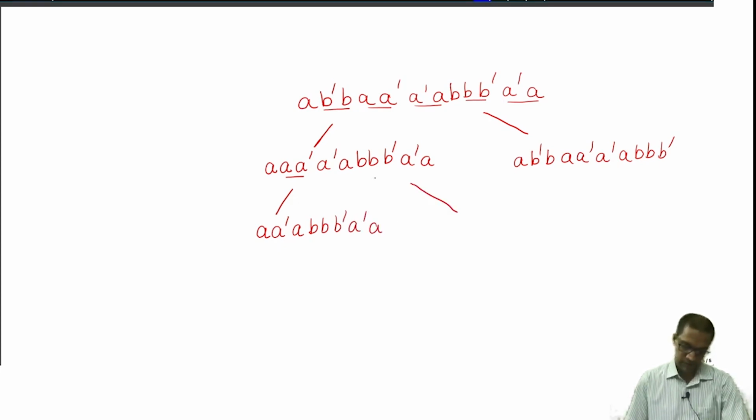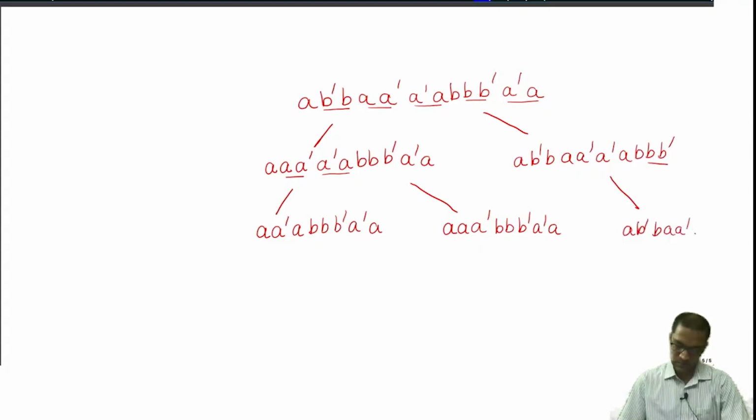I could have collapsed maybe the next pair, A prime A, so that will give me A prime, B, and so on. Maybe I collapse the last B prime, A, and there's a B at the end, and so on.